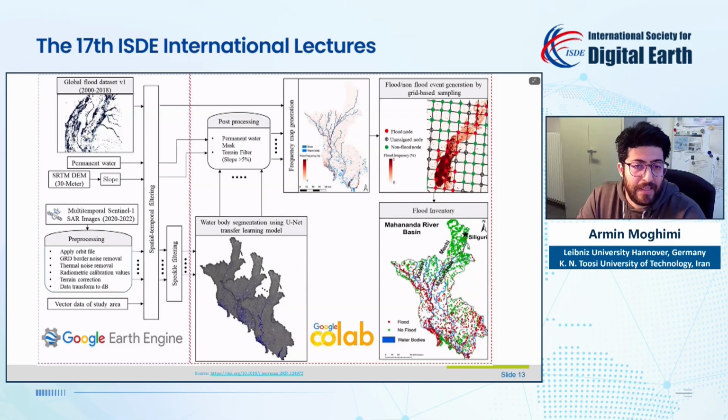These event-based flood maps are then post-processed, removing permanent water and estimating slope, before being aggregated in a flood frequency map. Finally, a grid-based sampling approach is applied, generating a refined flood inventory of flooded and non-flooded points. This inventory is further used directly in flood susceptibility modeling, which here is fuzzy AHP-XGB groups for the study area.